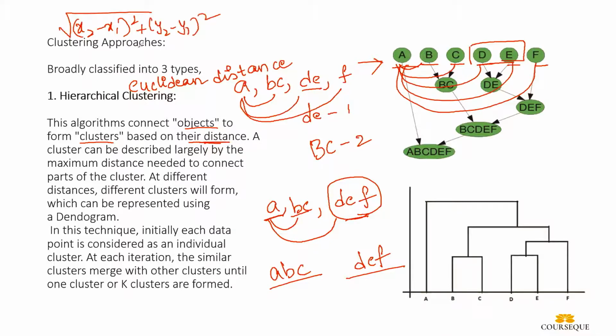This is what the Euclidean distance formula is, right? So based on this Euclidean distance metric, the distances are calculated and they are divided into various clusters. And to visualize, this is the manual calculation that happens at the back end.